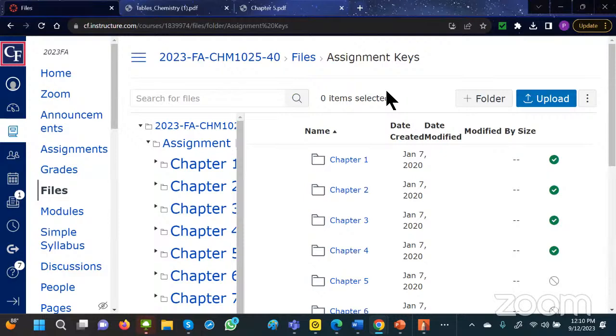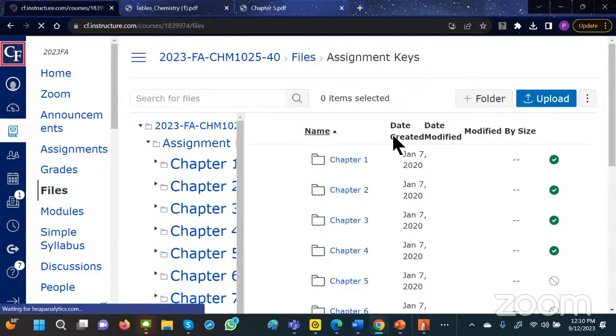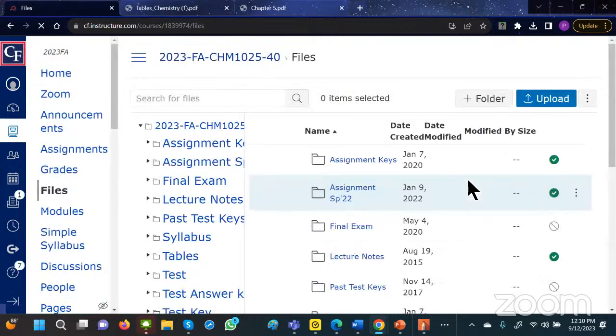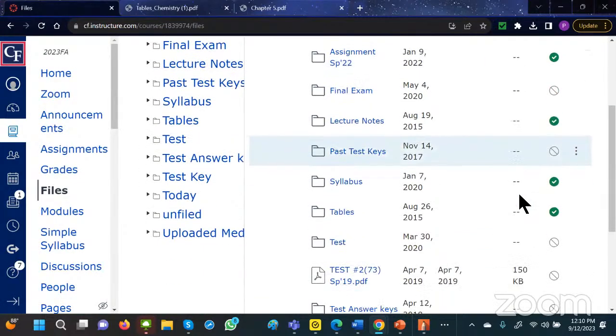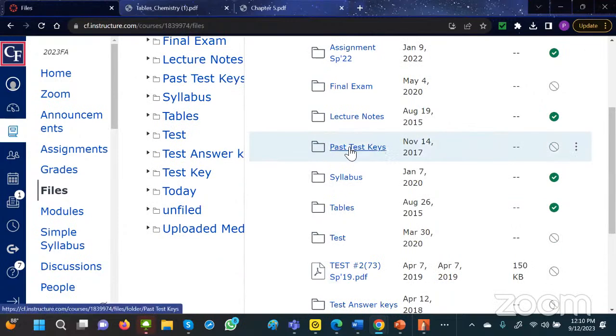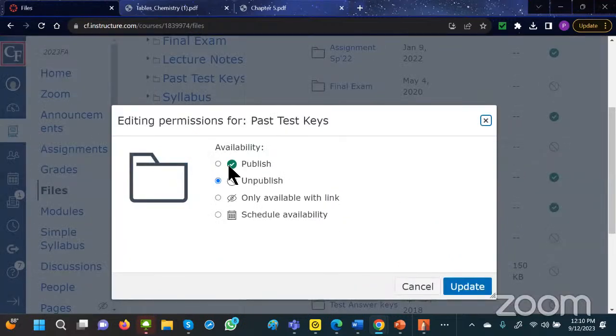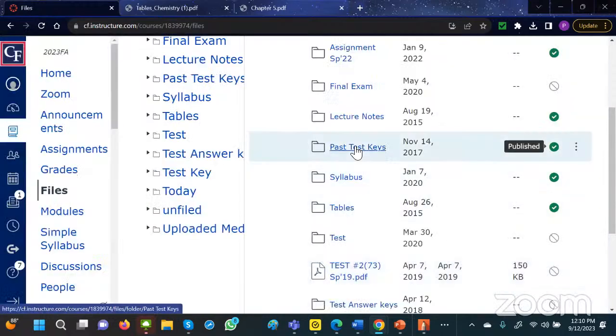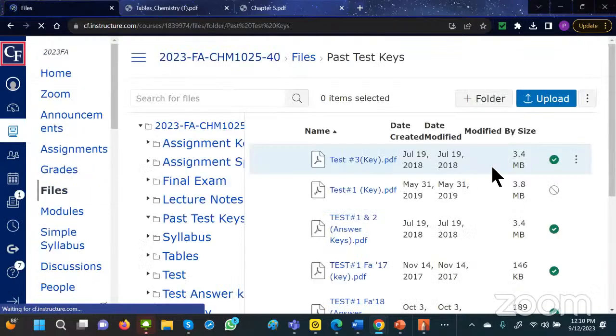No, it's actually, you know, I'm glad you asked a question. Let me give you, I'm going to post or publish an example of a past test. In fact, let me publish this right here. Past test keys. You might find this helpful. So let me just open this up to show you what you can look forward to, something similar to what you look forward to.